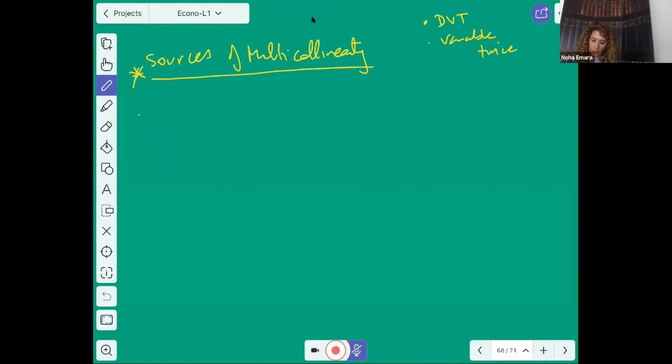One of the sources could be an overdetermined model. What is an overdetermined model? An overdetermined model is a model in which I have many x's, where the number of x's, counted by k, is greater than the sample size, let me call it n.